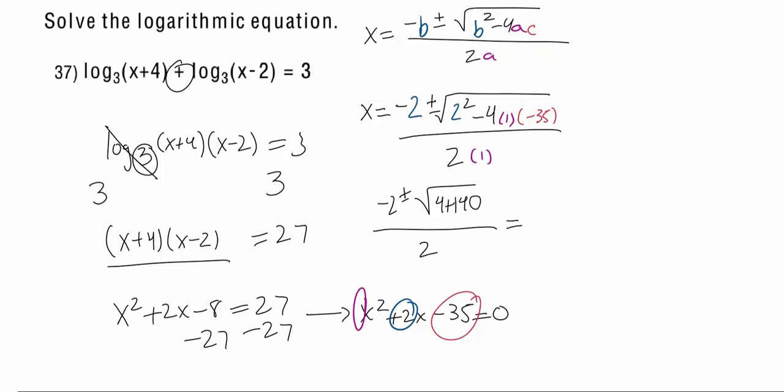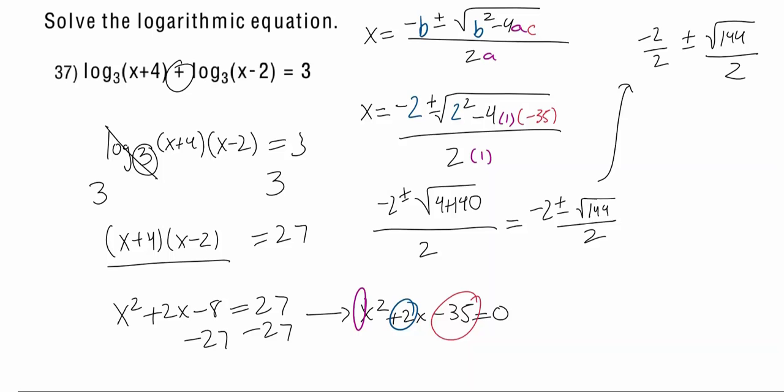When we add up the inside of the square root function, we get negative 2 plus or minus the square root of 144 over 2, which we can then turn into negative 2 over 2 plus or minus the square root of 144 over 2, which will simplify to negative 1 plus or minus the square root of 144 over 2.